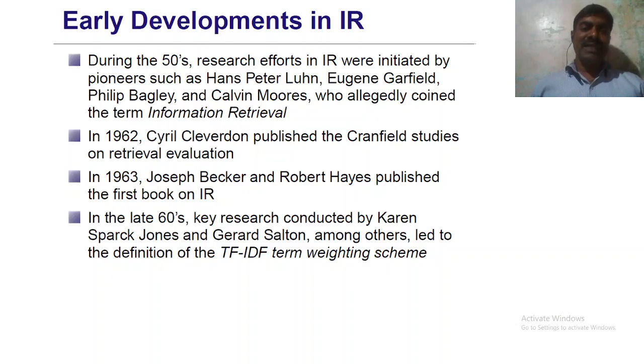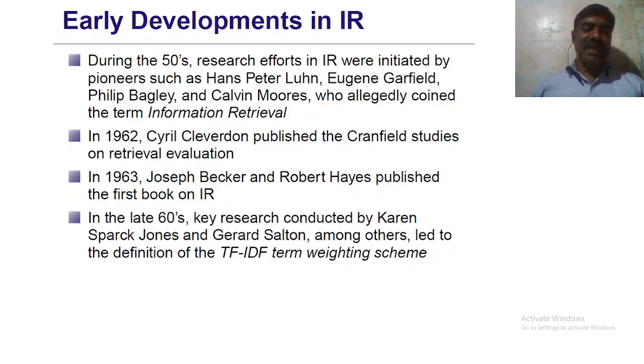During the 50s, research efforts in IR were initiated by pioneers such as Hans Peter Luhn, Eugene Garfield, Philip Bagley, and Calvin Mooers, who allegedly coined the term information retrieval. In 1962, Cleverdon published the Cranfield studies on retrieval evaluation.